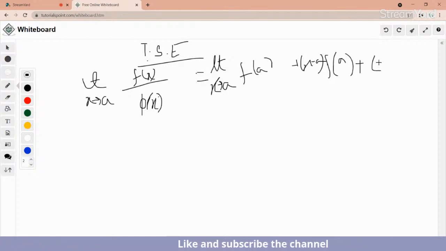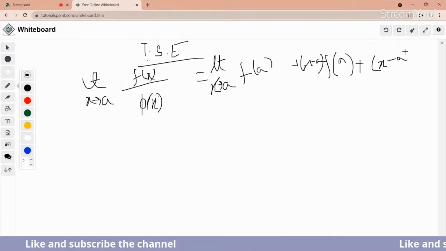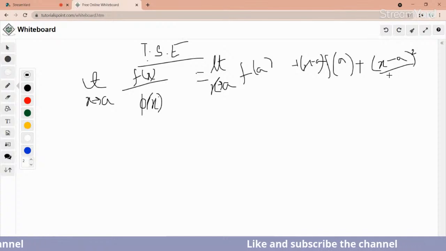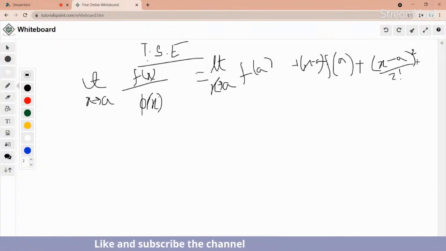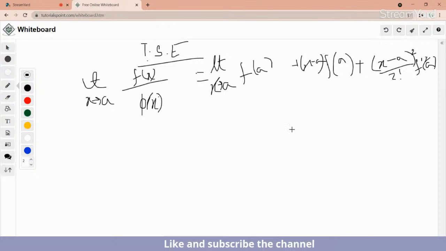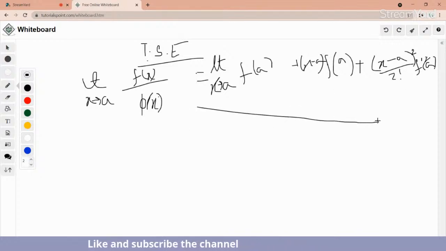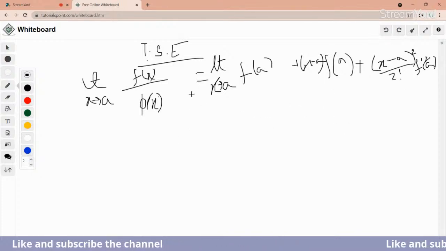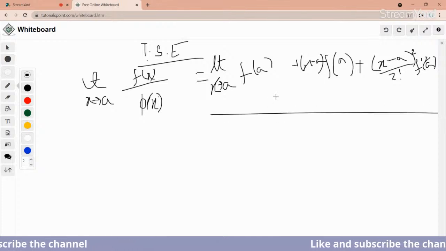We are applying the general theorem: f of a plus x minus a f dash a plus (x minus a) squared by 2 factorial f double dash a, and it will go on. Writing all of them is a waste of time.